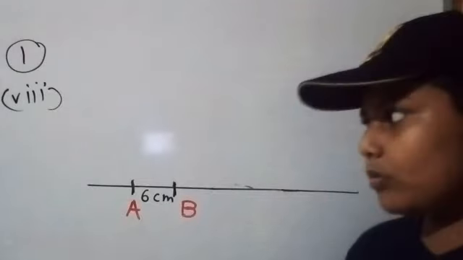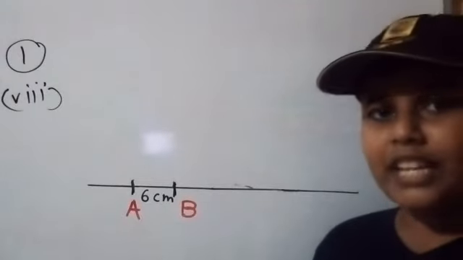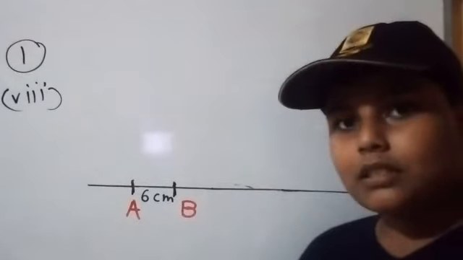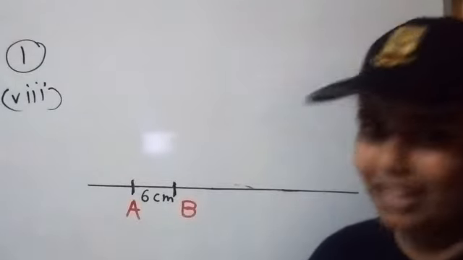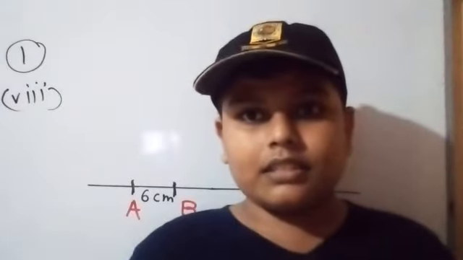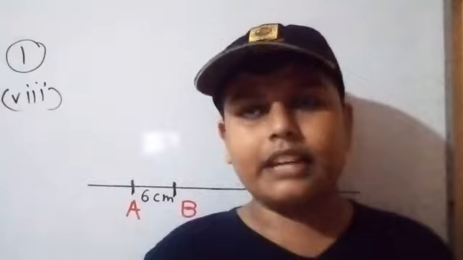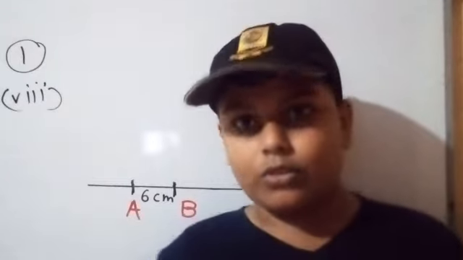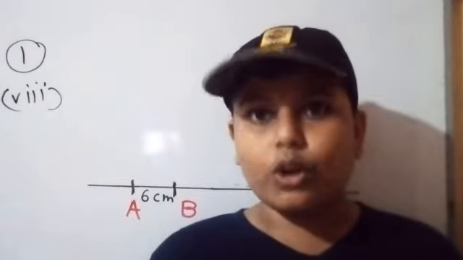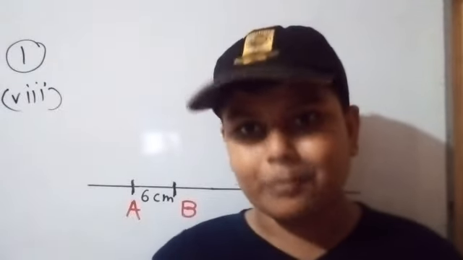Now there are also practicals to do with the set square. The set square is very easy, but the compass and so many things. To draw a circle, you need to get the compass and pencil.